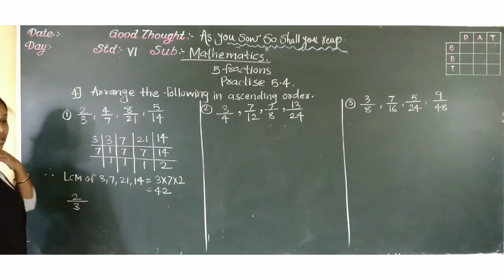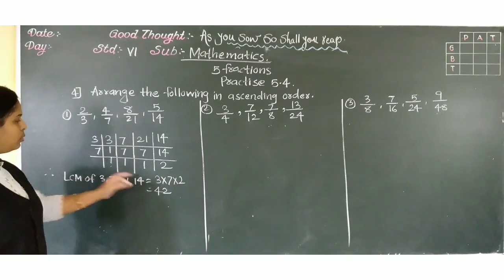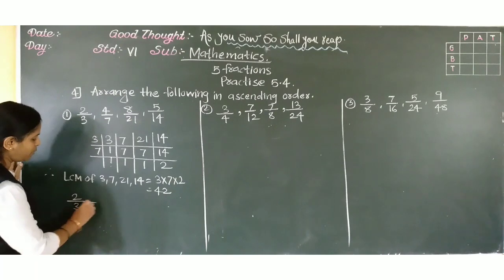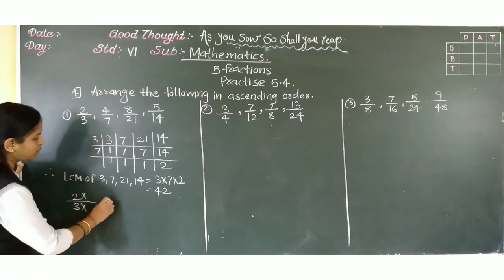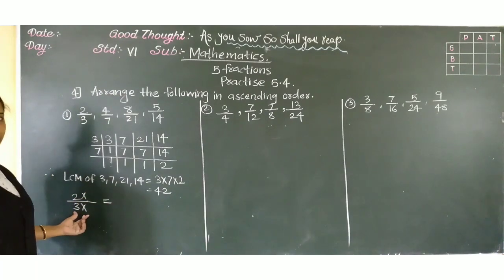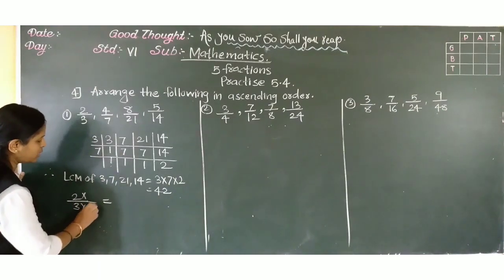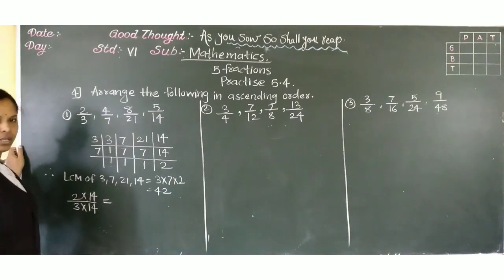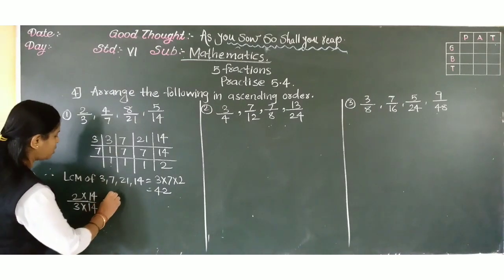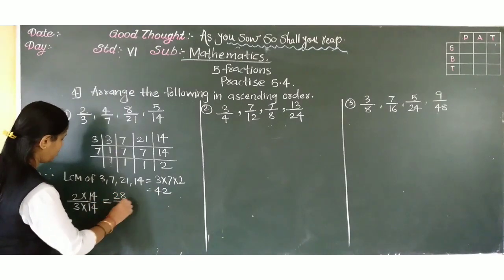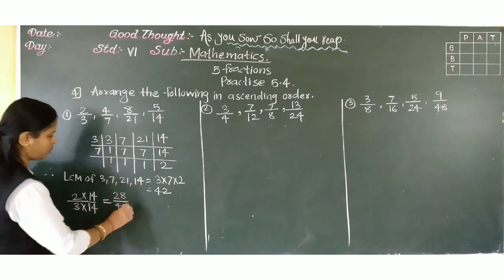To get LCM as 42, this number we have to multiply with, how many threes are 42? 14 threes are. So this also multiply by 14. Okay, 14 twos are 28 and 14 threes are 42.